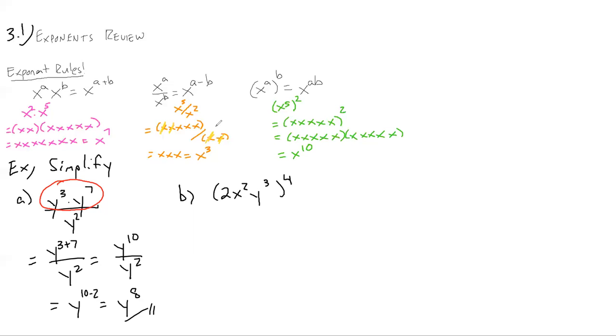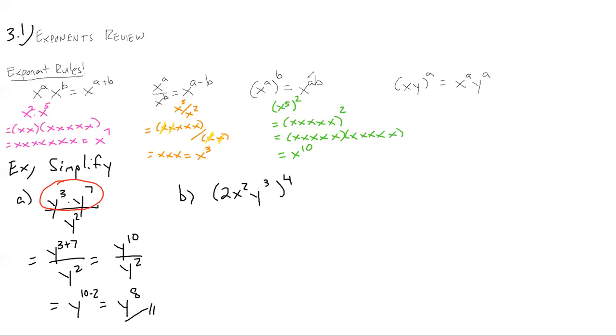For part B, I didn't really actually touch on this, so I suppose I can write a different rule over here. So here, if we've got xy to the a, you get what's actually sort of like a distribution of the power. And so what you get is actually x to the a times y to the a. So it sort of distributes, and so I'm going to do that with that 4 here.